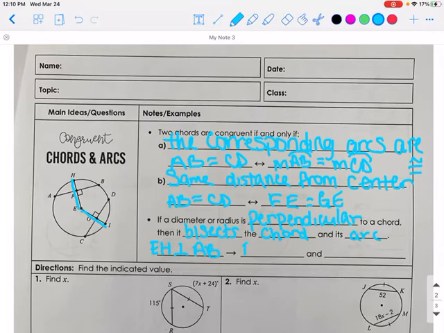That means AF is equal to FB. And also the arcs, the measure of AH is equal to the measure of HB, because they got cut perfectly in half. So that is the same as that, is what that says.